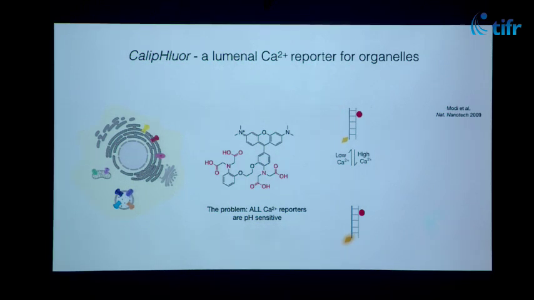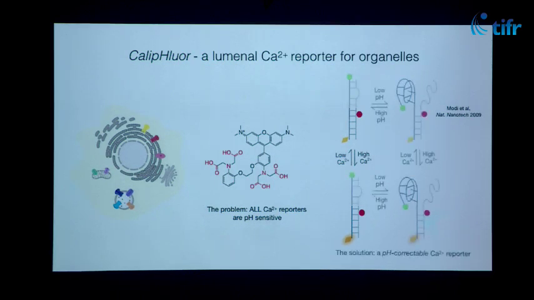And so we turned the problem on its head. This dye is only sensitive to 2 things. So if we can measure the second thing, then we can introduce a correction factor. If you take a duplex carrying a calcium-sensitive dye and a calcium-insensitive dye, this ratio is going to be sensitive to both pH as well as calcium.